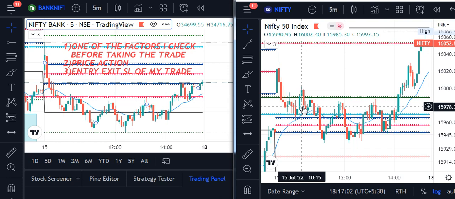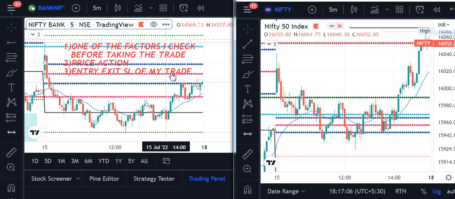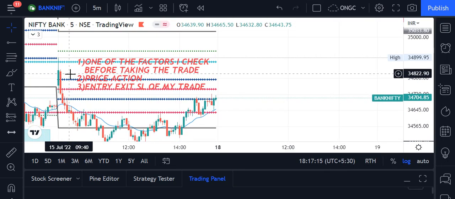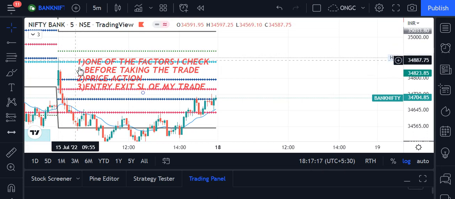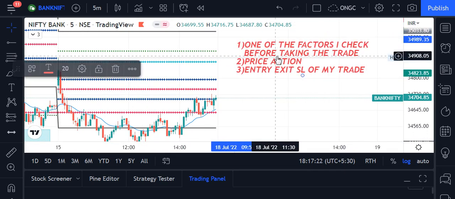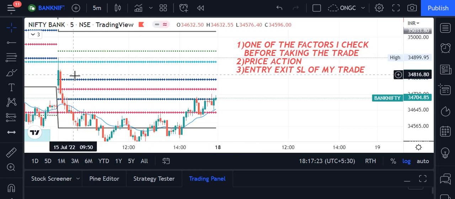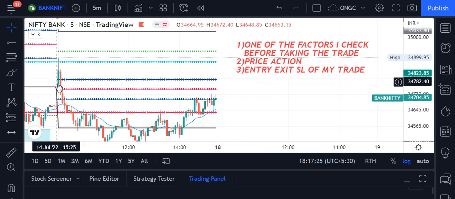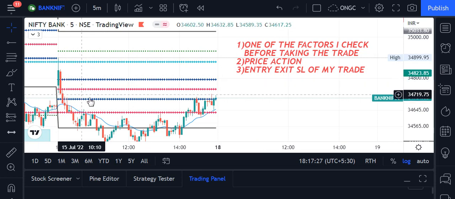Now let's come to the point, the factor before taking the trade, and here I will explain the price action behind it. If you see here in the morning, I will just move it so we can have better space. Here this is a bullish candle at CPR. Bullish candle at CPR means bullish movement.